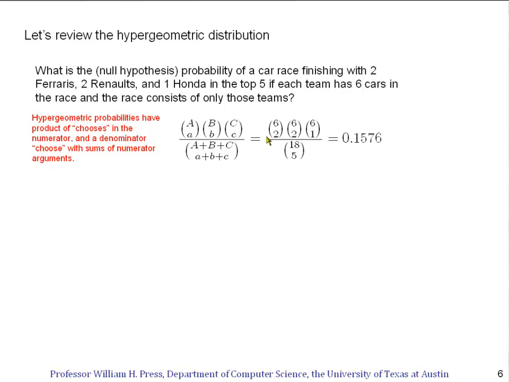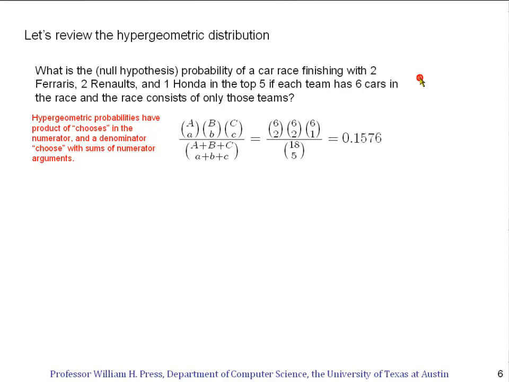And the denominator is the total number of distinguishable ways of having a top 5 cars. So that's the total number of Ferraris, Renaults, and Hondas in the race, which is 18, divided by the total number that we're assuming finish in the race. That's going to come out 5. And so you see that's 18 choose 5.